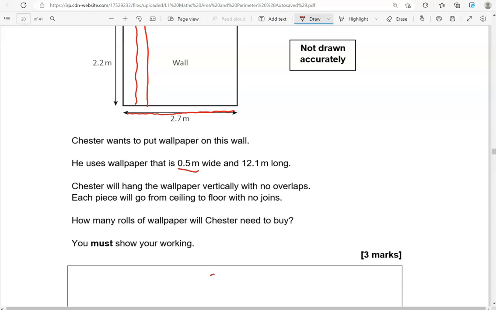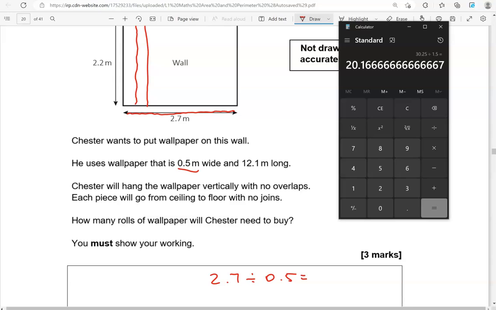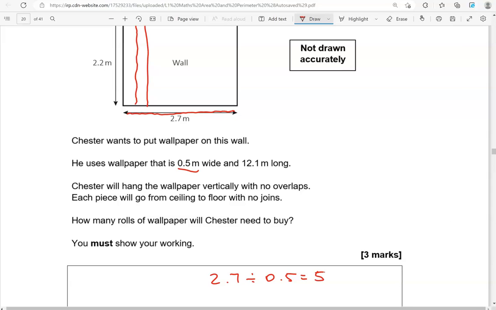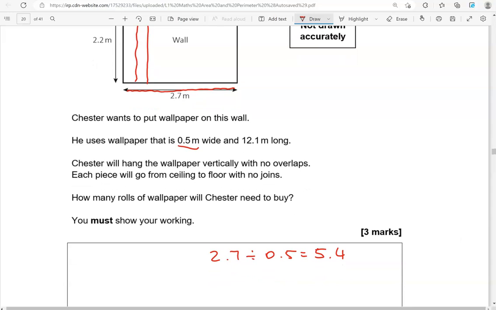So 2.7 divided by 0.5 gives us 5.4, and we're going to need to round this to 6 because 5 won't be enough, and of course we can't have part of it. So there will be 6 strips in there.